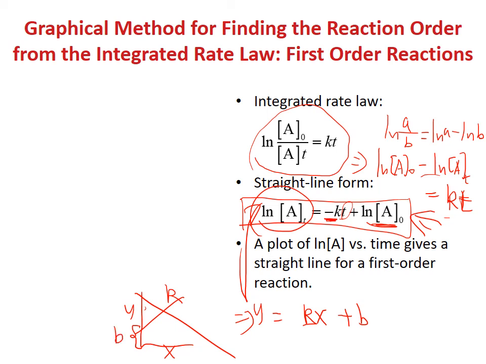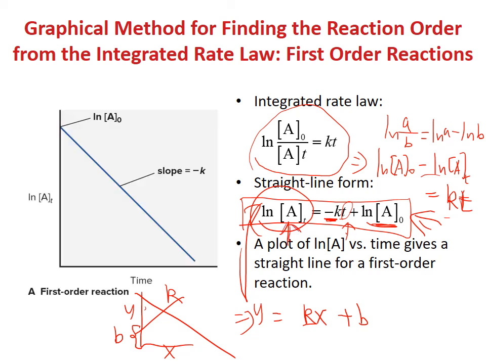Okay, so that means if we do an experiment, we measure A as a function of time, different A. If we plot ln A against time, so different time, different A, you plot this curve, you should get a straight line, and the slope, according to this first order integral rate law, is negative k.